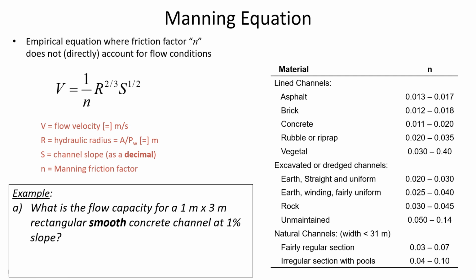Okay, so if it is an area of 3 square meters, because it's 3 by 1, and the wetted perimeter, P sub W, is 1 plus 3 plus 1. It's just that perimeter that the water is in contact with. So it doesn't include where it's open at the top.